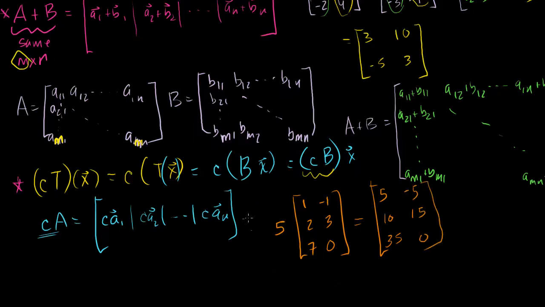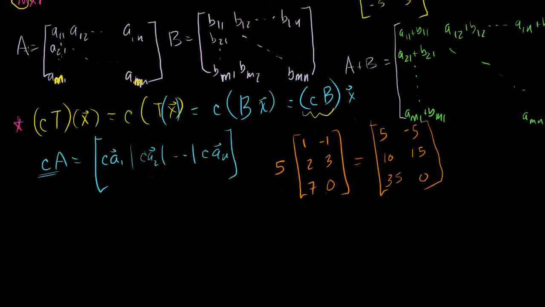It's that simple. If we go back to this definition, we can define scalar multiplication of a matrix. So we could also define CA as being equal to, if we say this is a representation for A, the scalar C times each of the entries of A. That's it. So it's C times A11, C times A12, all the way to C times A1n.